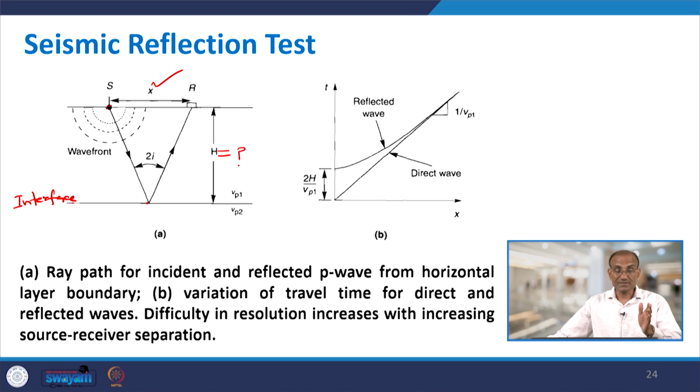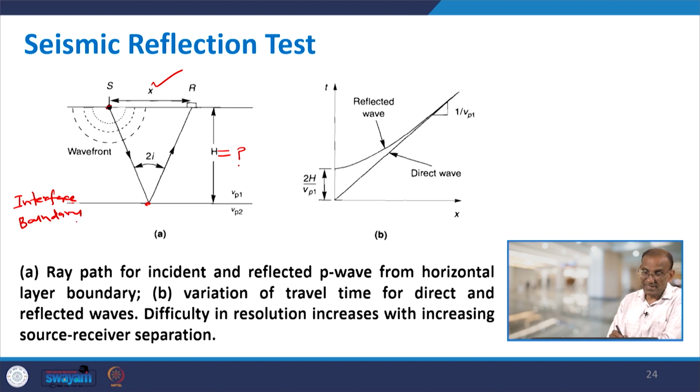The other path is where a wave front starts from here, goes and hits the interface boundary between two layers, and once it hits at this point it gets reflected back into the medium.